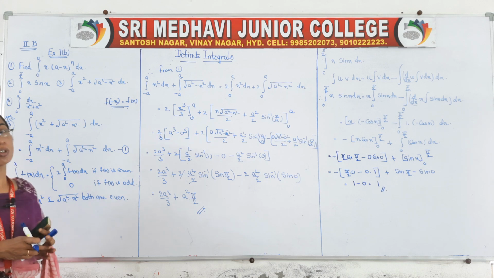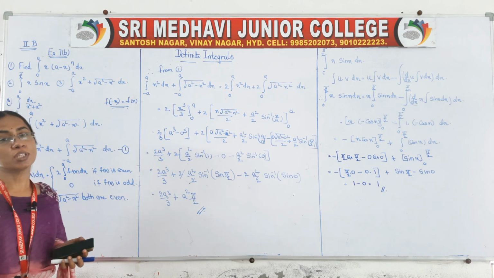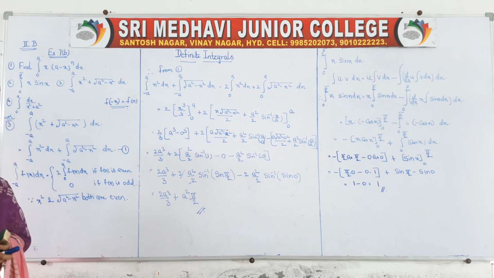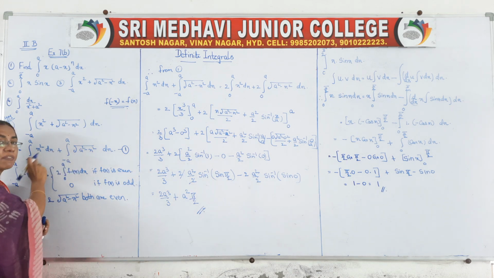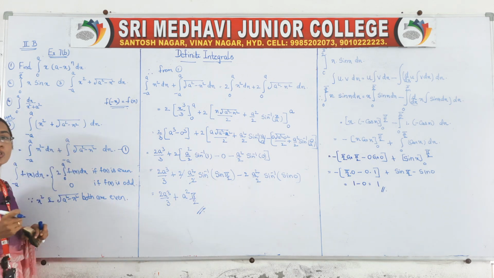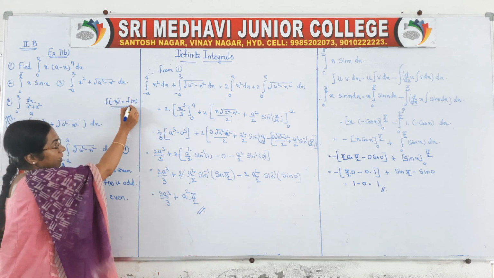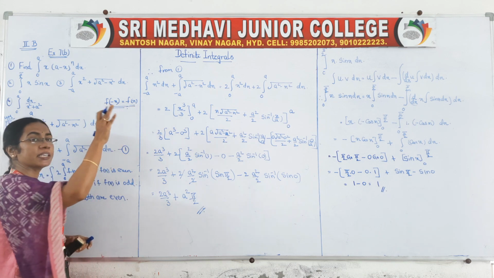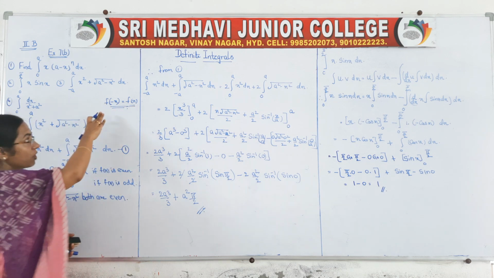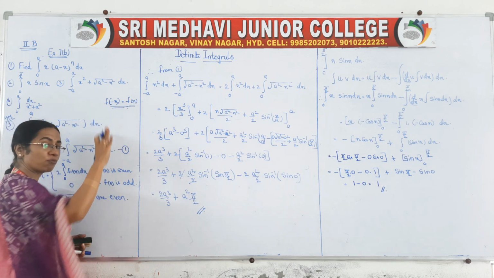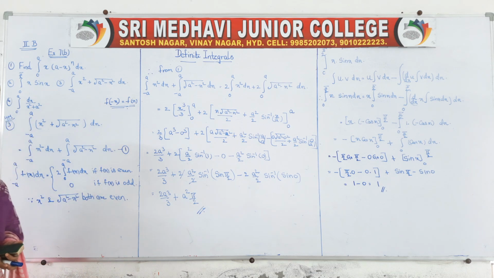Then you can ask a question, how we will know the function is even or odd. In the given question, wherever x is there, you substitute minus x and simplify. If it remains as it is, then it is even. That means if f of minus x is equal to f of x, then it is even function.